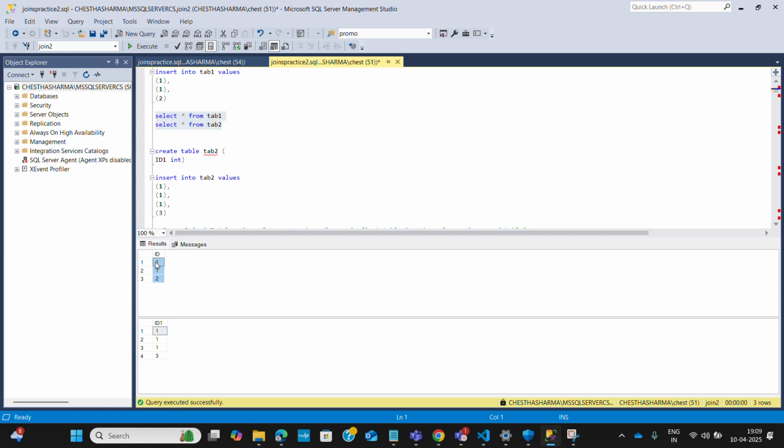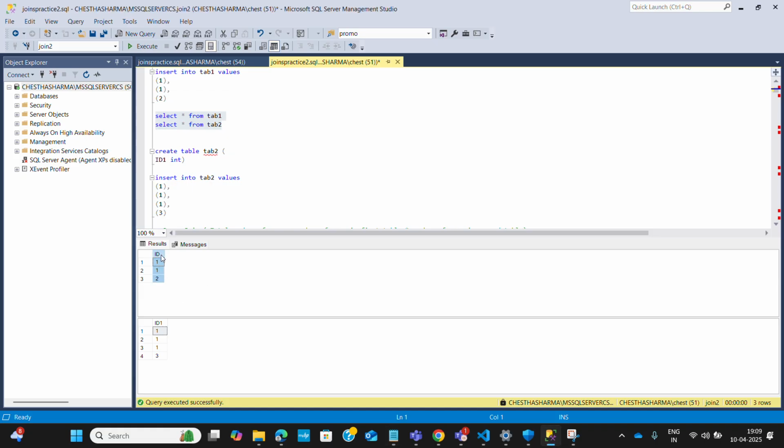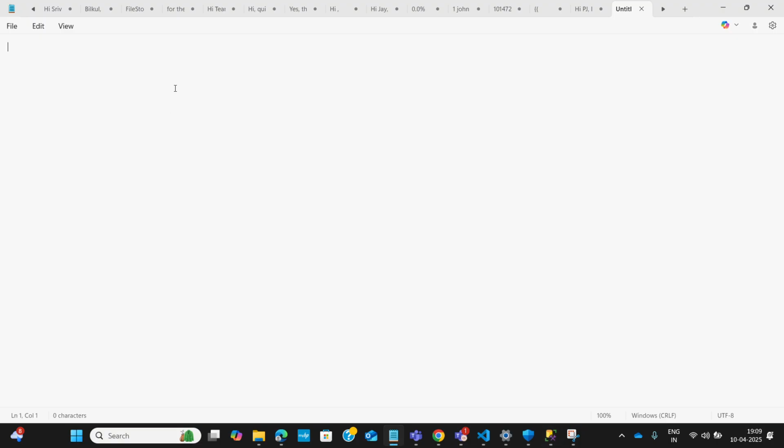I'm just opening my notepad so that you can understand it better. Let me copy this. Copy table 1 and then paste it here.